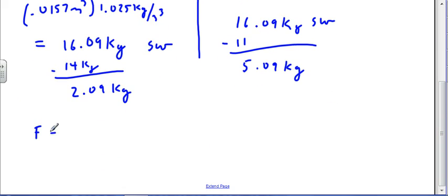You know, force is going to be in newtons, so I have to go 2.09 kilograms times 9.8 meters per second squared, and I come up with some number.